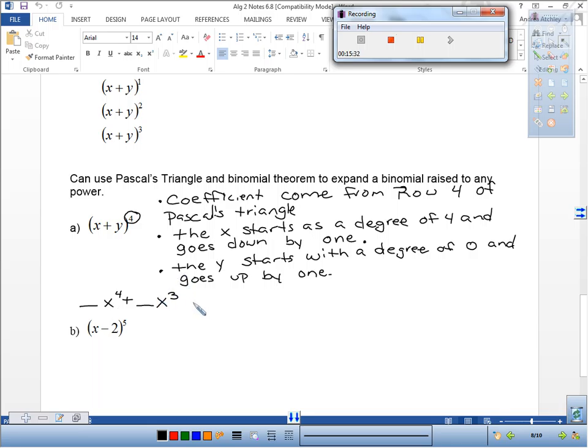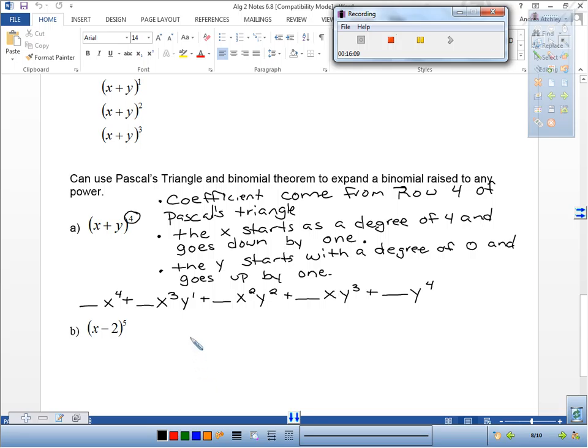So 0, then y to the first. Then you have another blank for your Pascal's triangle number. X goes down by 1, y goes up by 1. X goes down by 1, y goes up by 1. X goes down to 0 now, so there's no x's left, and you end at y to the fourth.